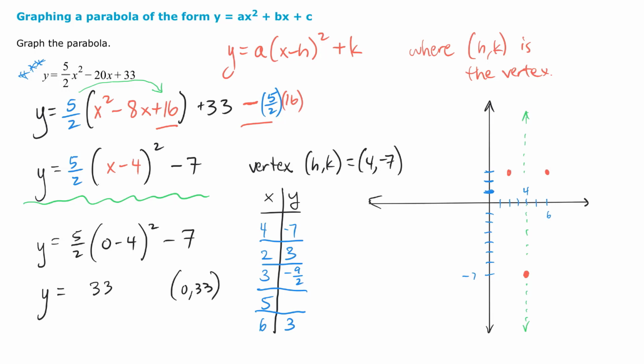Now, I forgot to plot the coordinate (3, negative 9 halves). So when x is 3, we need to go negative 4 and 1 half, right about here. And when x is 5, we also go negative 4 and 1 half.